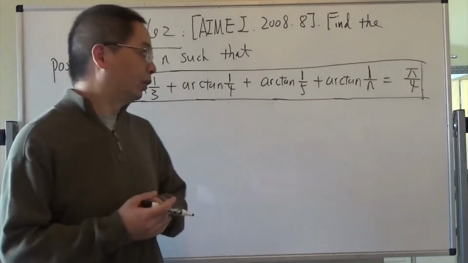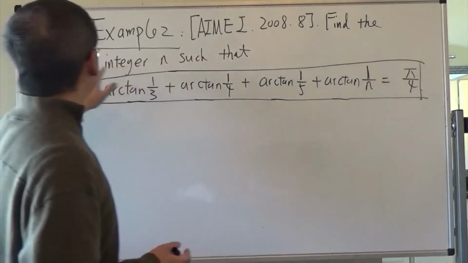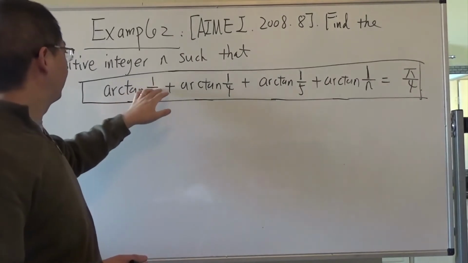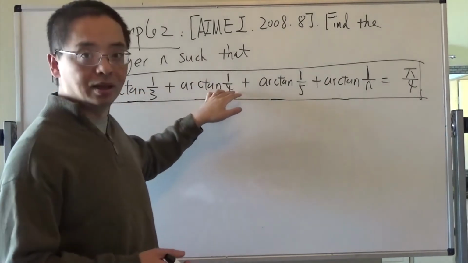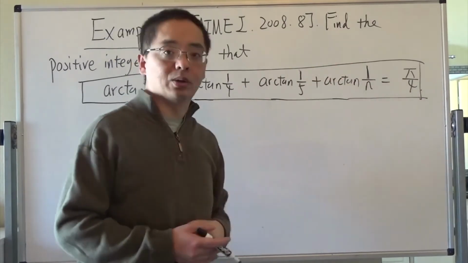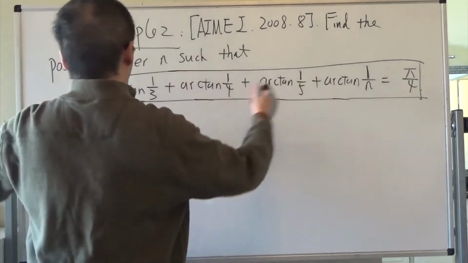Let's look at an example. This is a past AIME question. It asks to find the positive integer n such that arctangent 1/3 plus arctangent 1/4 plus arctangent 1/5 plus arctangent 1/n equals pi over 4. Here we have 4 angles.